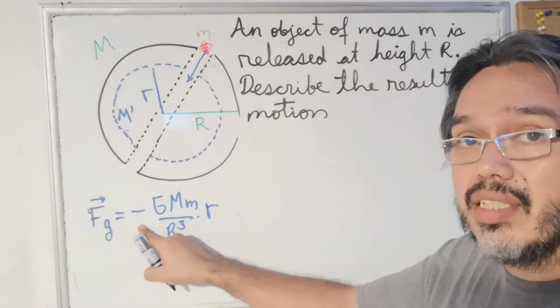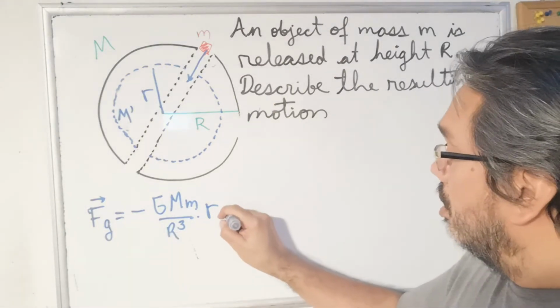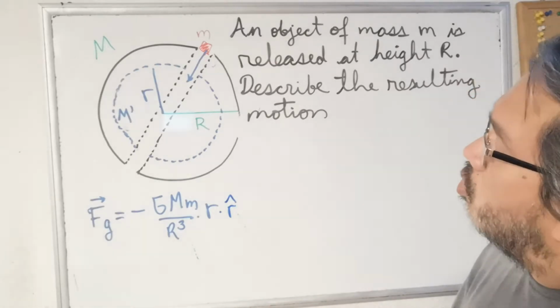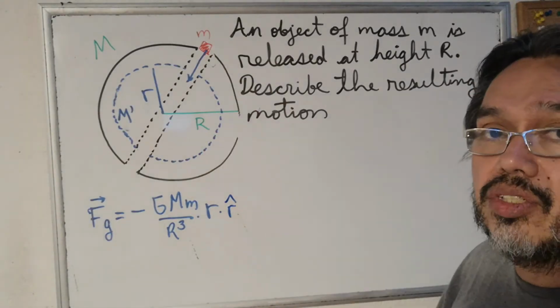However, it is negative because you have this always pointing towards the center of the circle.